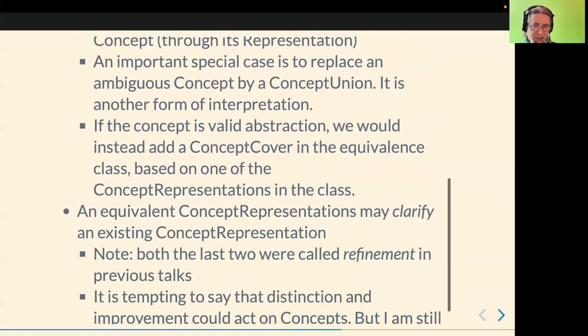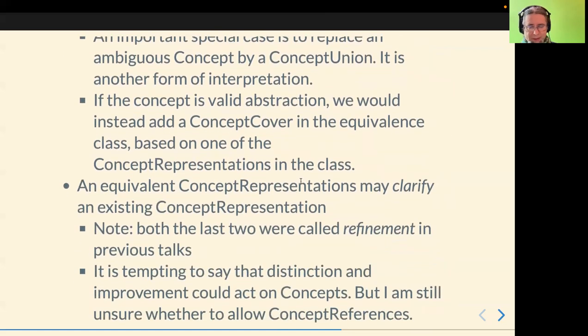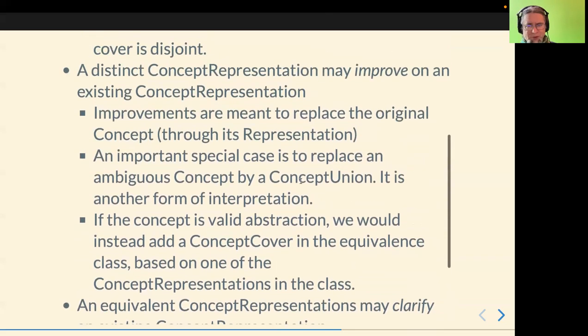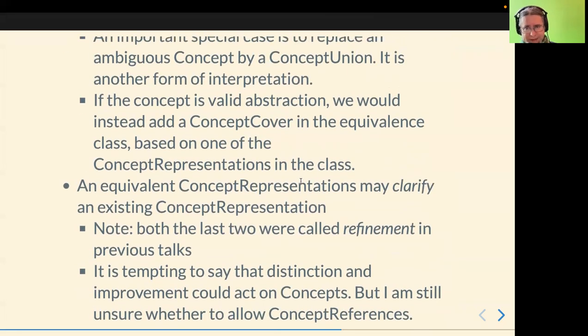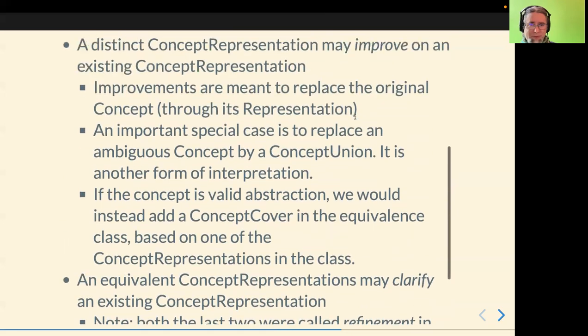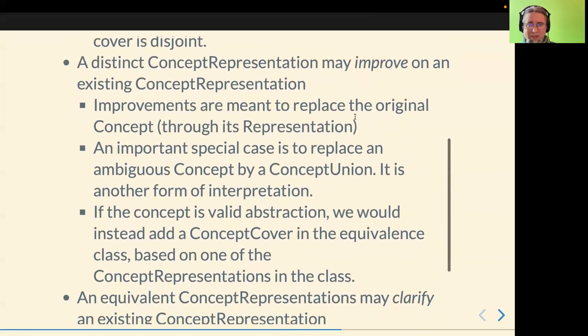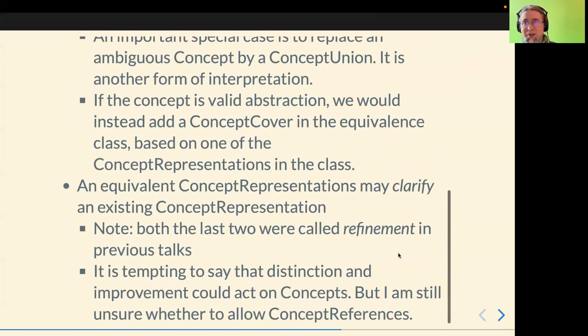Otherwise it's a cover. That's the improvement. I used to call that refine, now I'm calling it improve. Refine was ambiguous, so now I distinguish improvement, which is a different concept, from clarification, same concept with a better definition.